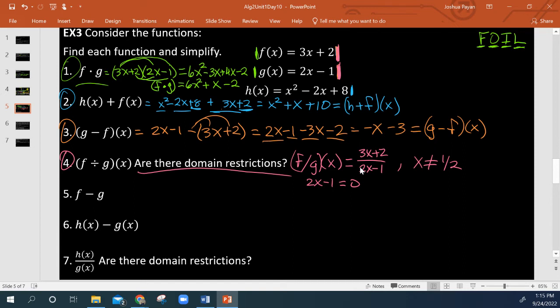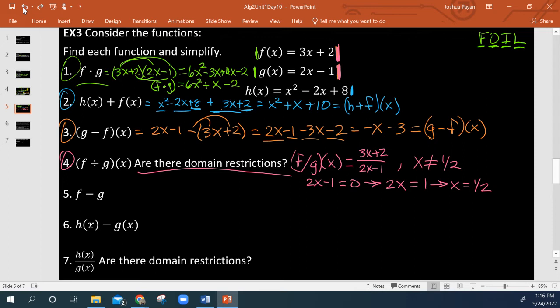If we do some quick math, add 1 to both sides, we see that 2x equals 1. Then we divide by 2 on both sides, and we get x equals 1/2, which is what we've got here. So when x is 1/2, we would get a 0 in our denominator, and therefore we would divide by 0.